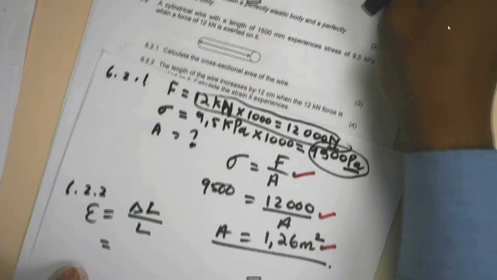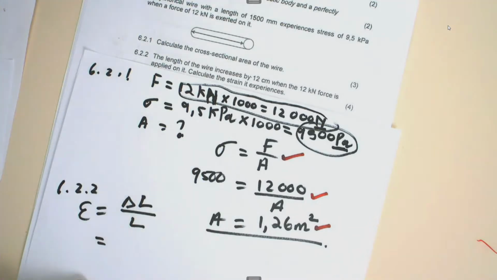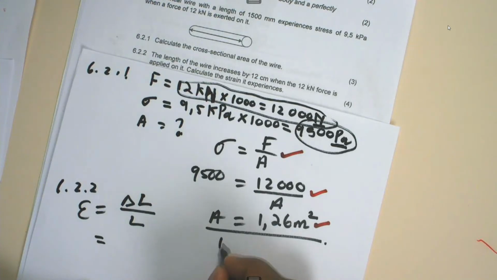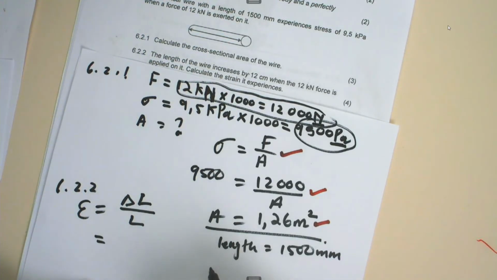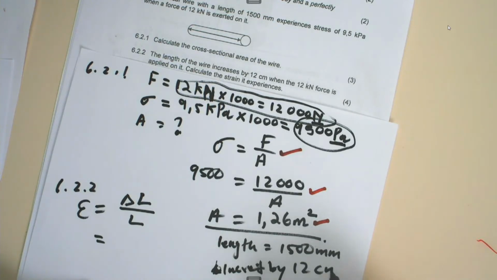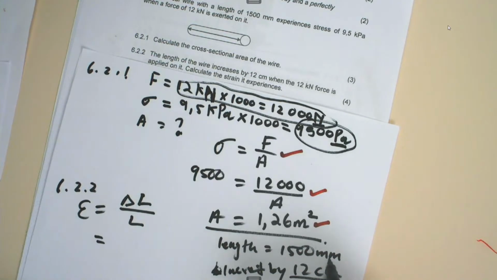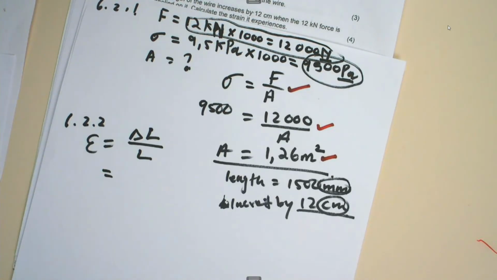So we were given the length as 1,5. Now I must write it down nicely to say we had the initial length as 1,500 millimeters, and then it increased by 12 centimeters. So you see, there comes a challenge: I have two different units now, millimeters and centimeters.